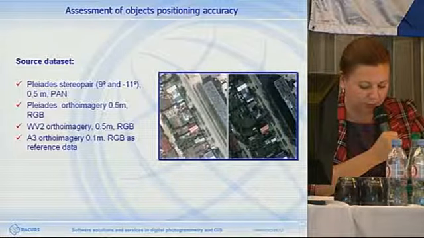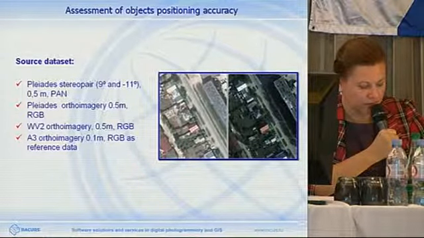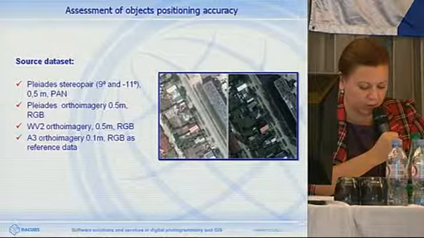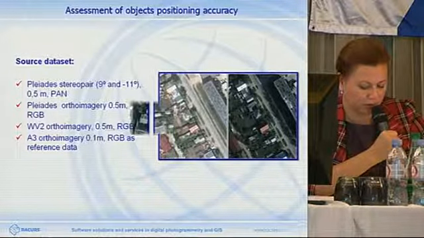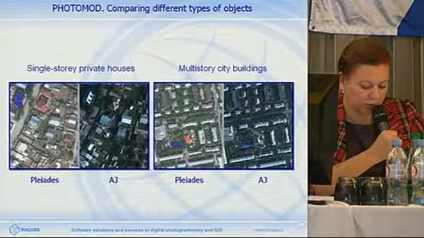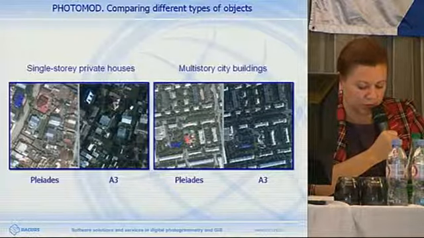In analyzing accuracy from Pleiades, Worldview and GeoEye-1, we used orthogonal templates in 2 categories, that is multi-story city buildings and single-story private houses.